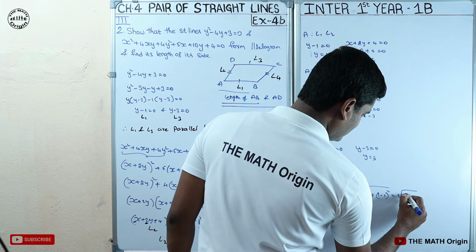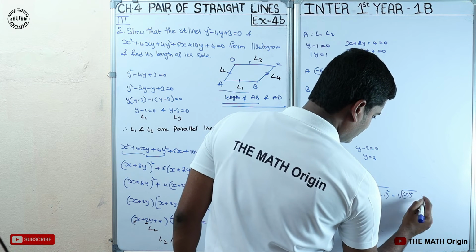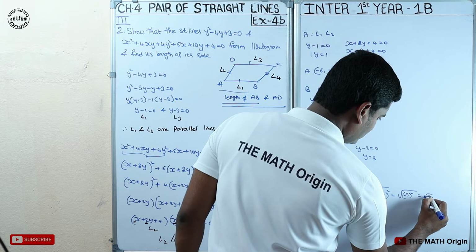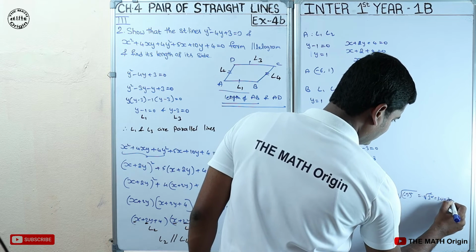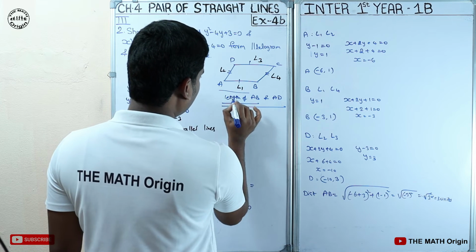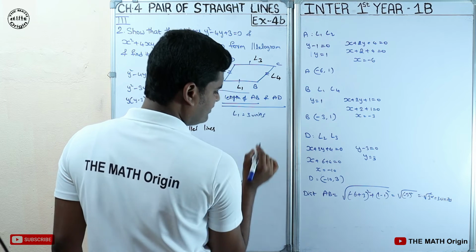Squaring the minus, that equals 3 square, therefore that is equal to 3 units. So the distance between L1 is 3 units.